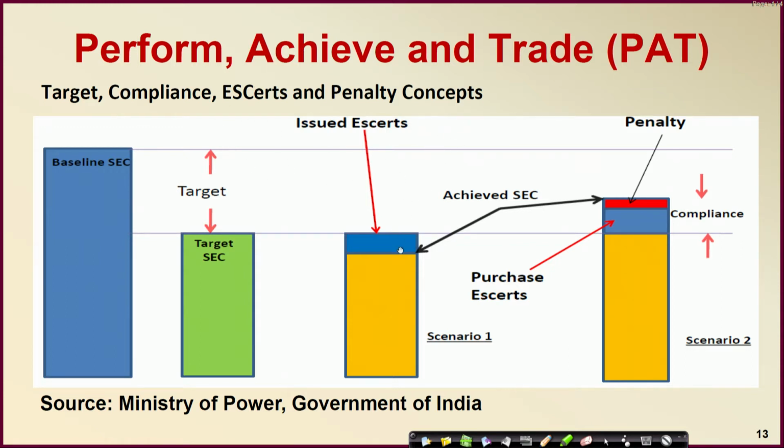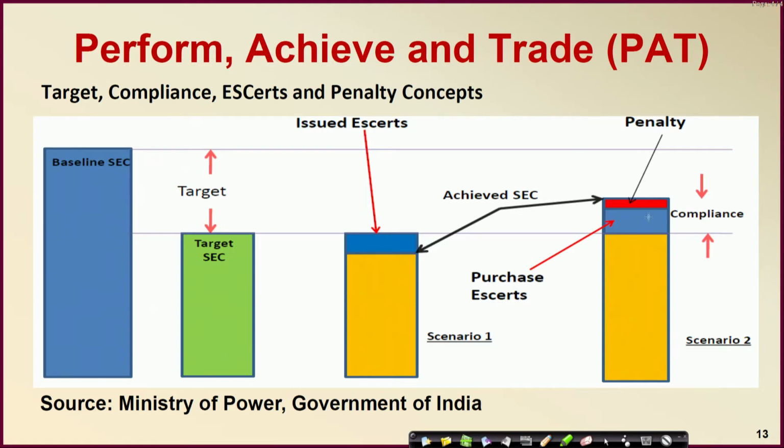So, they will be getting those certificates. And in scenario 2, this company could not reach the target. They have reached a target which is lower, I mean in a sense higher, in that sense that they wanted to reduce it by this much, but they could reduce only by this much.